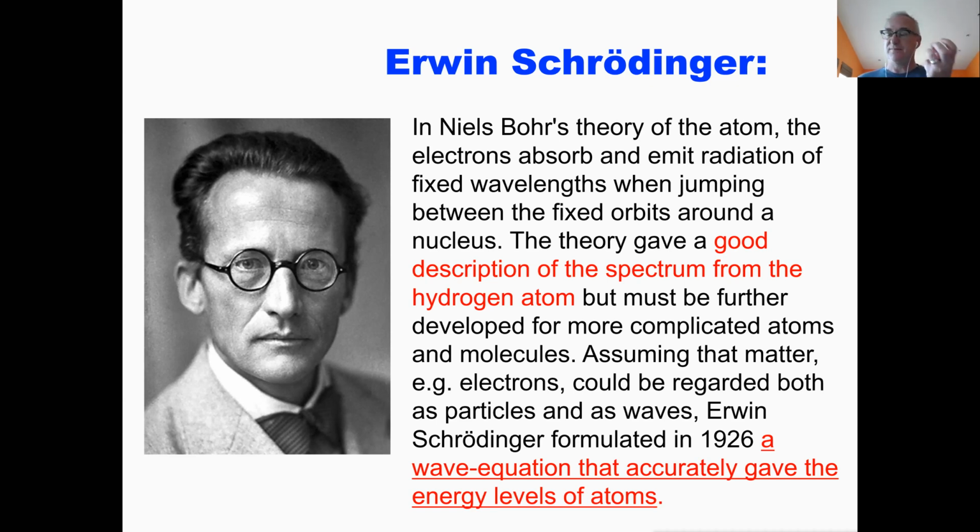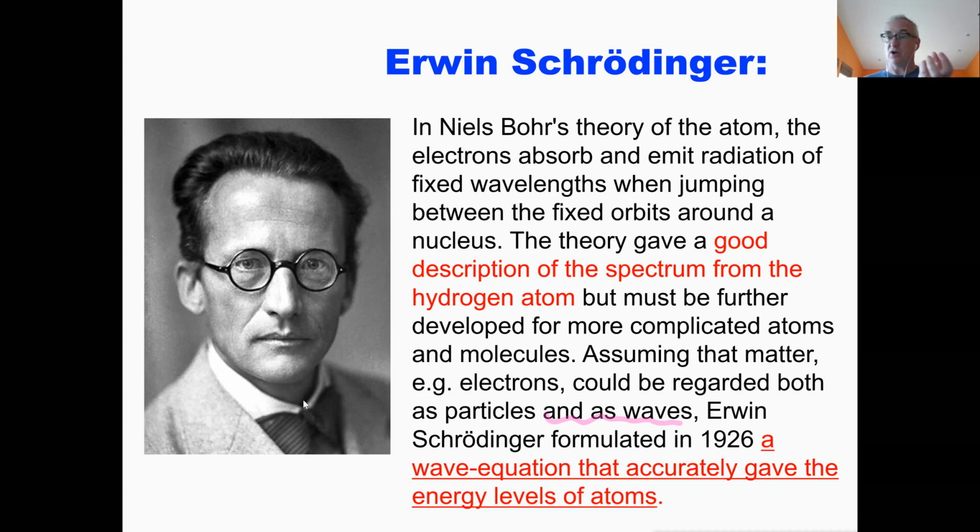Since Bohr's theory worked for hydrogen but for nothing else, Schrodinger was the one who had the breakthrough that said, well, if we treat electrons as waves, maybe then we could have a better idea of how far they are from the nucleus and actually figure out where they are, rather than being just these discrete circles around the nucleus.